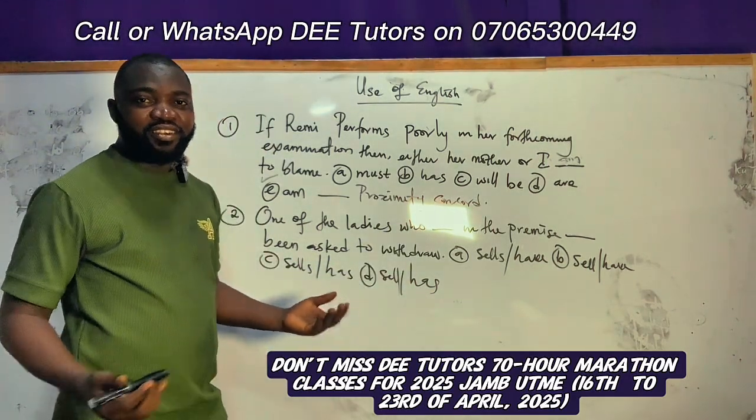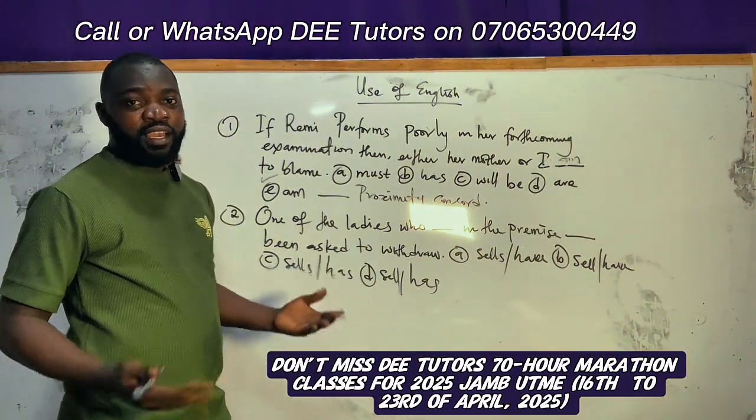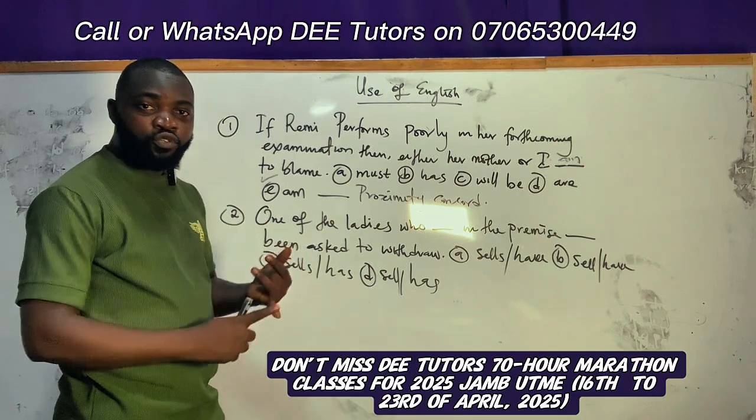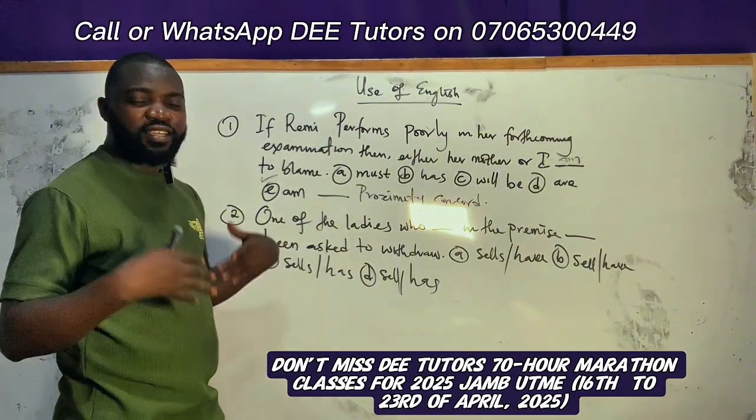Relative concord. Relative concord is a concord that borders on relative pronouns. Examples of relative pronouns are who, which, whose, and what? That, among others.